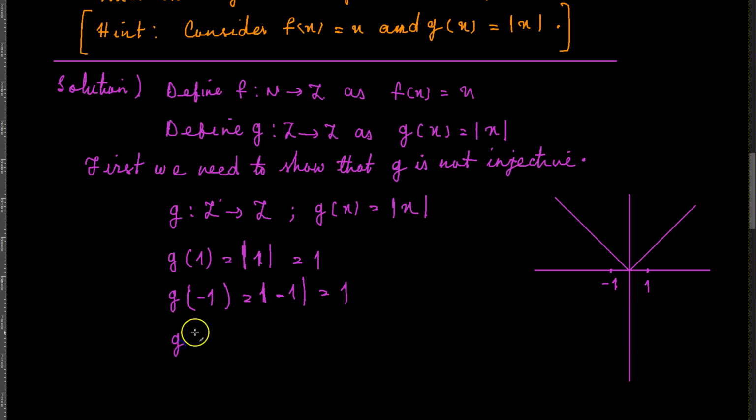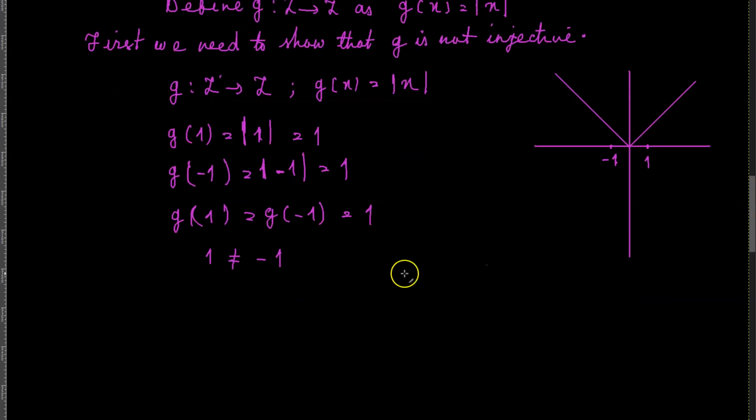Which means that g of 1 is equal to g of negative 1, which is equal to 1, and 1 is not equal to negative 1, and therefore g is not injective. G is not injective, right?